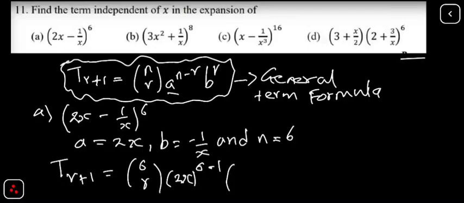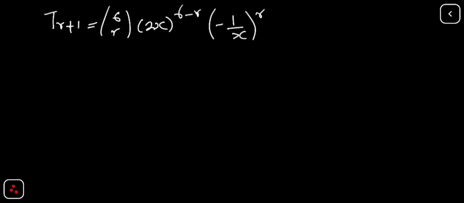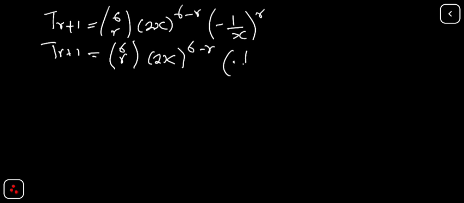And our b is negative 1 over x raised to the power r. Since we don't know the value of r, the next thing is to simplify powers of x. So T_(r+1) = 6Cr (2x)^(6-r) (-1/x)^r.